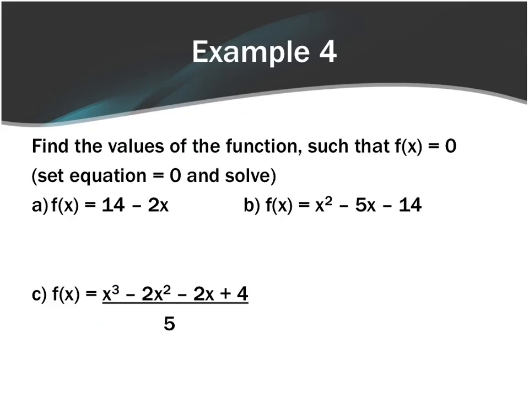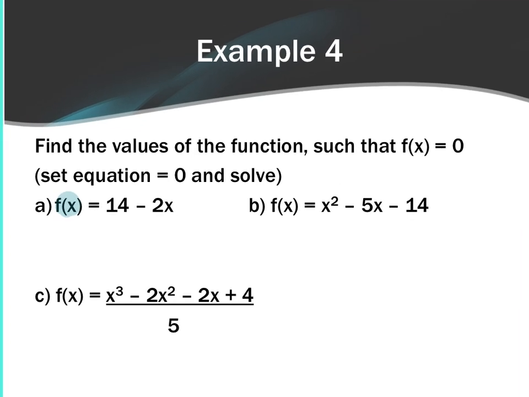Okay, then comes solving a function so that f of x equals 0. It says find the values of the function such that f of x equals 0. And I gave you the hint, obviously, set the equation equal to 0 and solve. That always won't be there. So if I'm replacing, because this is saying f of x equals 0, I'm replacing the entire f of x with the 0. That's why these are different.